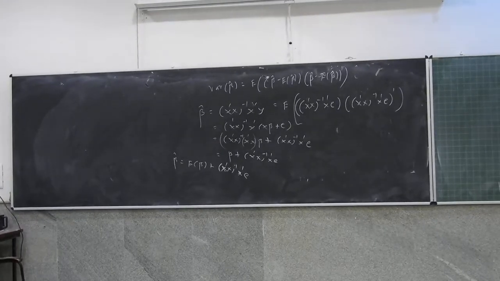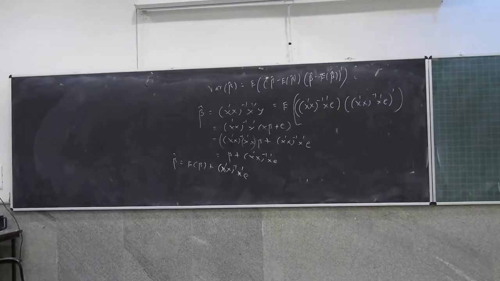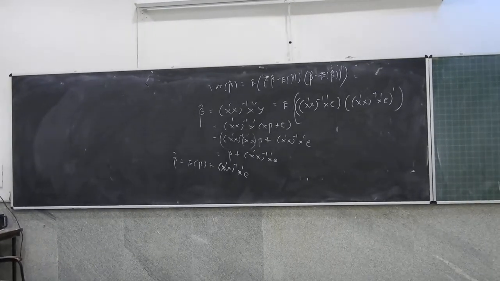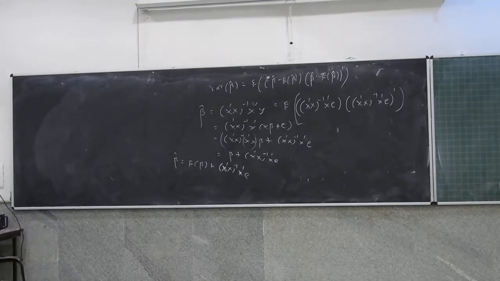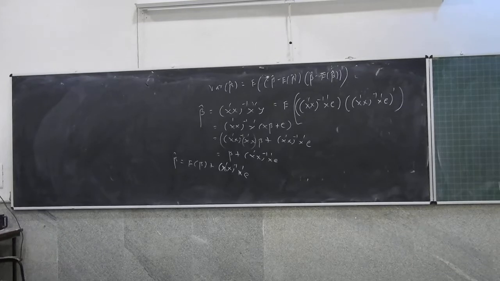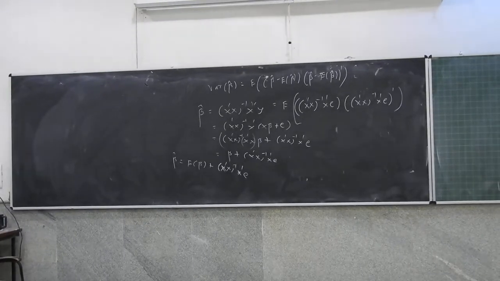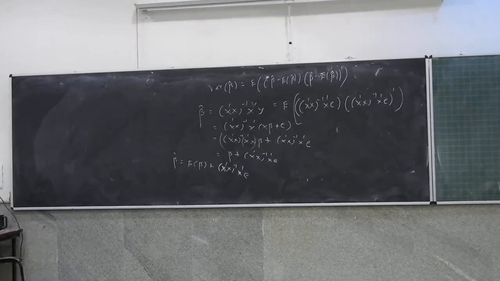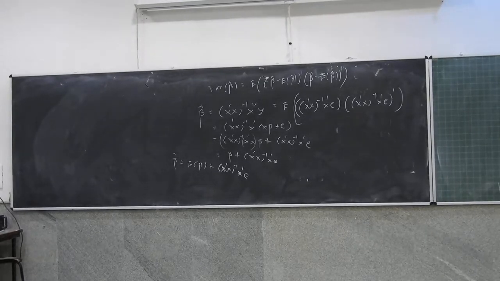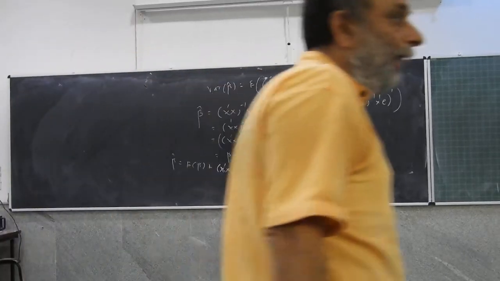Now what is ABC transpose? Suppose A is a matrix, B is a matrix, C is a matrix. What is A into B into C, the whole transpose? It is nothing but C transpose into B transpose into A transpose.